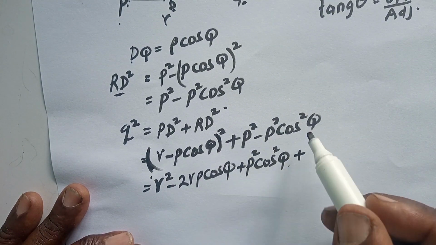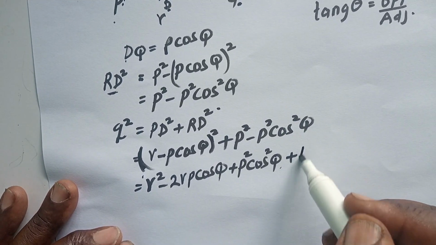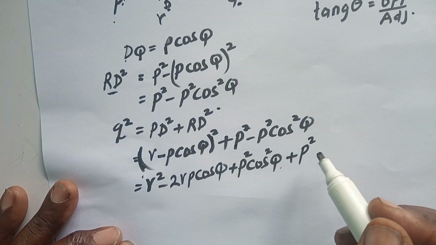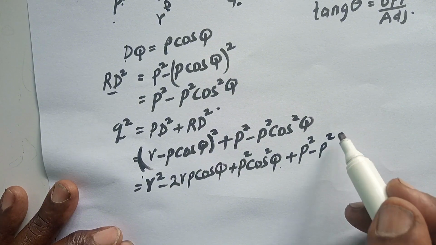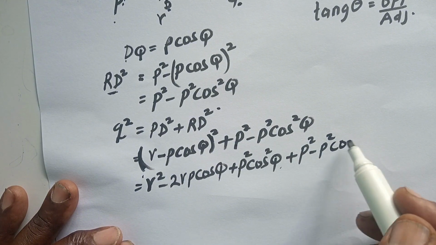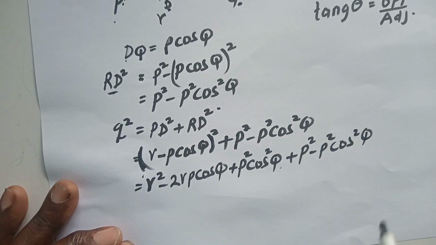Then plus P squared minus P squared cos squared Q.